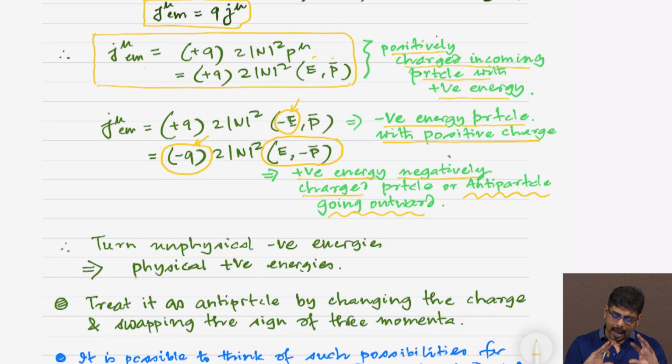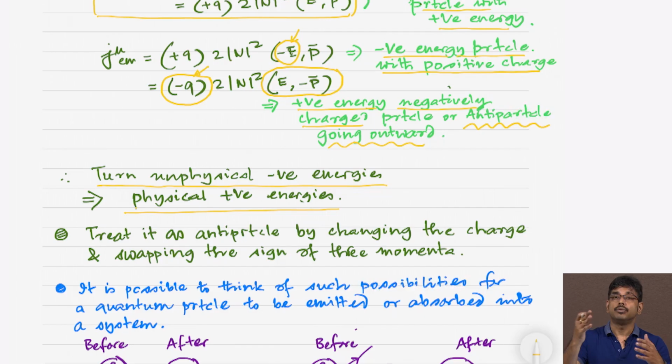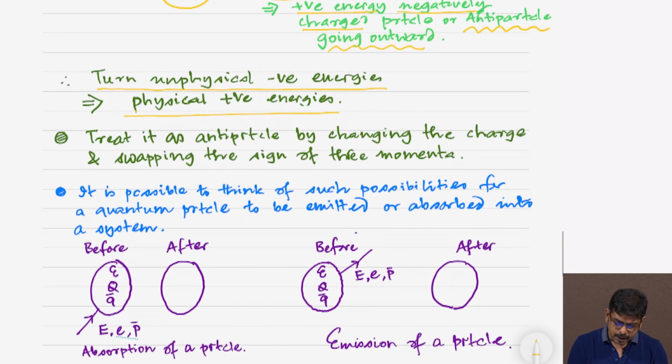So, in a sense there is an analog of a negative energy particle with positive charge to be associated with a positive energy antiparticle with a negative charge, right. If that was the incoming, this will be outgoing. So, therefore, we can turn these unphysical negative energy cases to physical positive energies with the assignment of what we call the antiparticle. So, treat it as an antiparticle by changing the electromagnetic charge and swapping the sign of the 3-momenta. So, therefore, what was incoming now becomes outgoing.